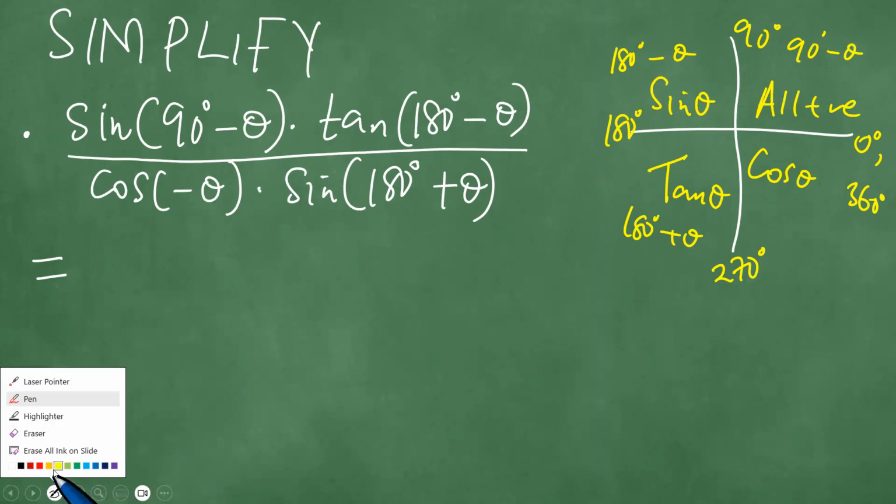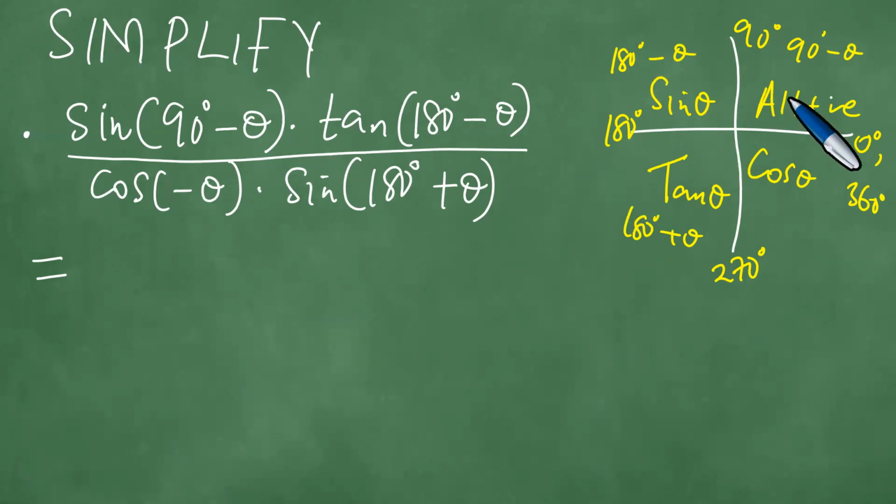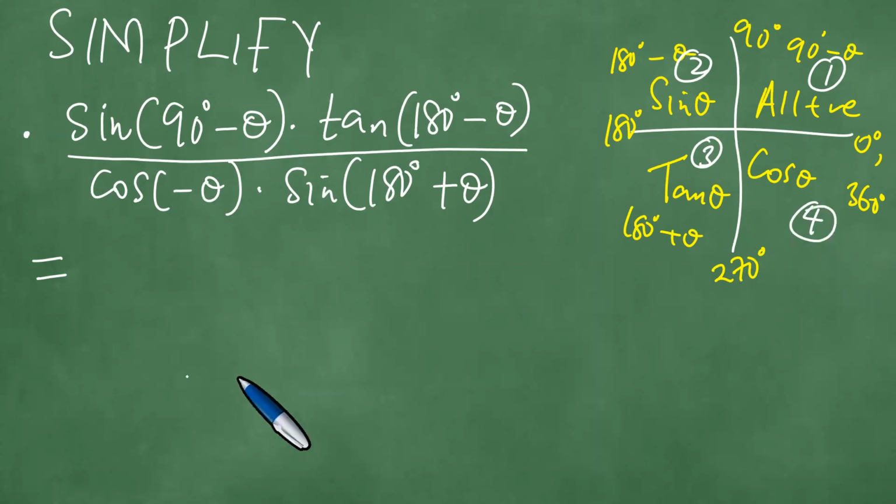But a couple of things are very important for us to remember. This is the first quadrant, the second quadrant, the third quadrant, the fourth one.